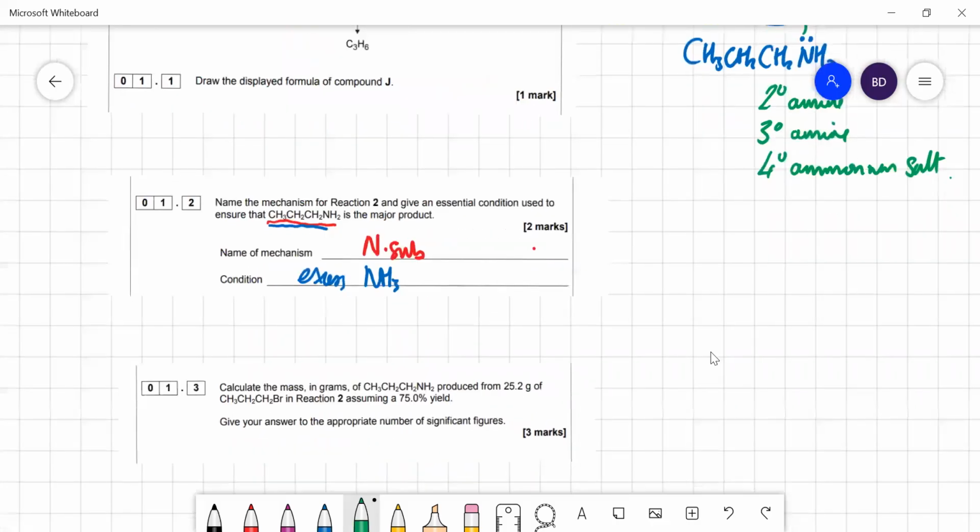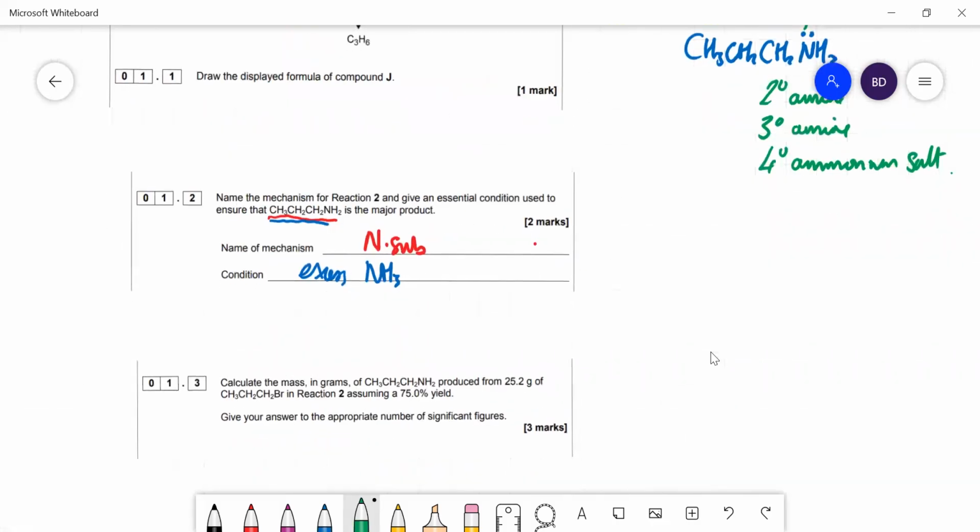Okay, we've got a bit of a yield calculation here now. So, right. Calculate the mass in grams of the propylamine made from 2.52 grams of bromopropane. Let's work out the Mrs of both of those first.